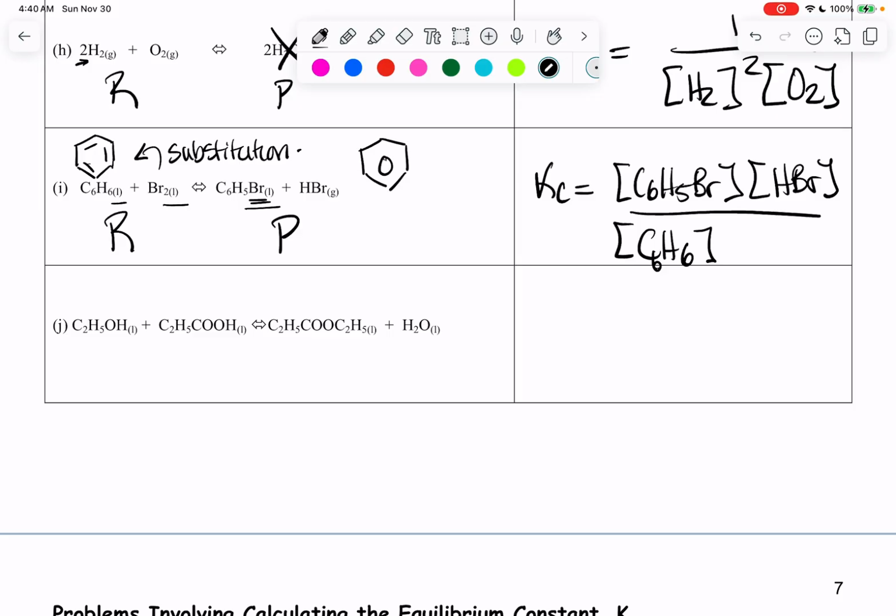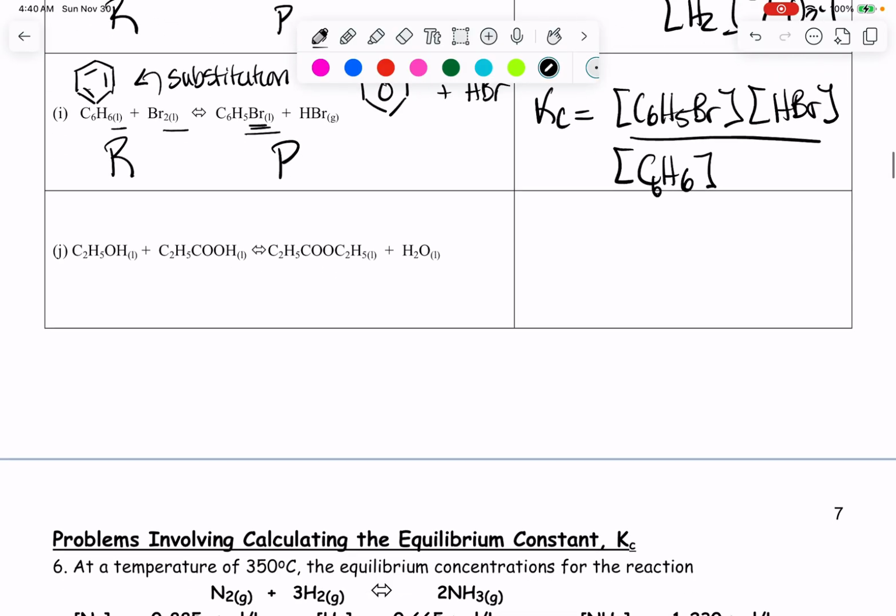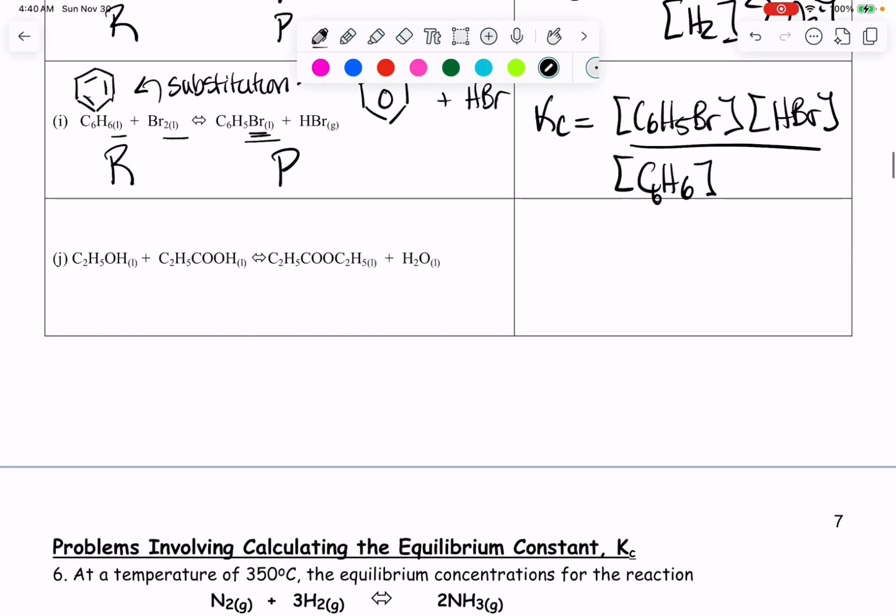So recall, you can do benzene with those 3 double bonds or a circle, and then we're just going to stick a bromine plus HBr is what you're getting at the end. So what you're seeing is a substitution, just for your information. That has nothing to do with the reaction, but it's just interesting that this is an organic example.